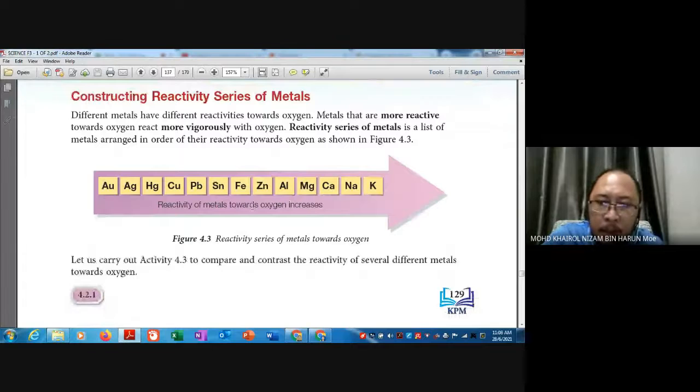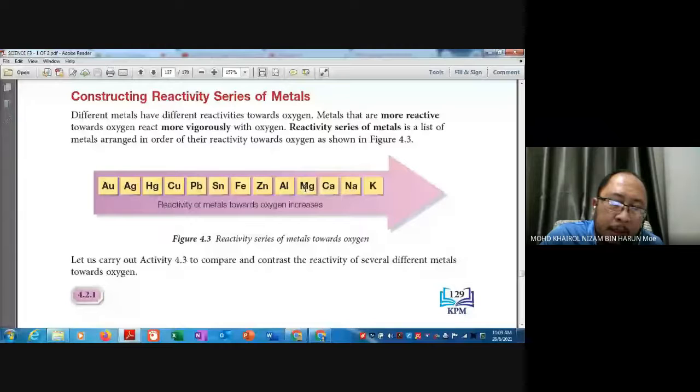From here we know that potassium, the symbol is K, sodium Na, and calcium are among the most active metals when reacting with oxygen. The least reactive metal is aurium, or gold.